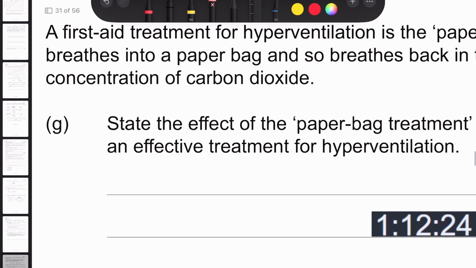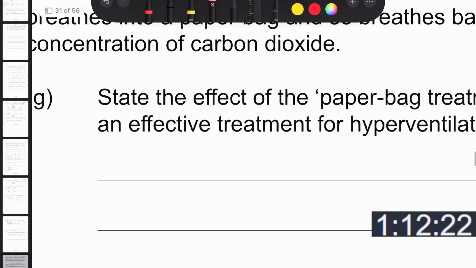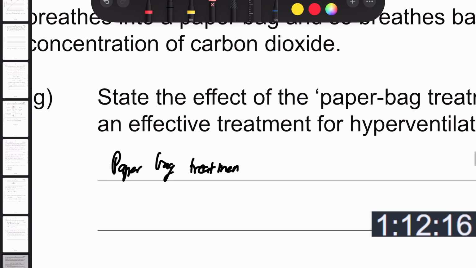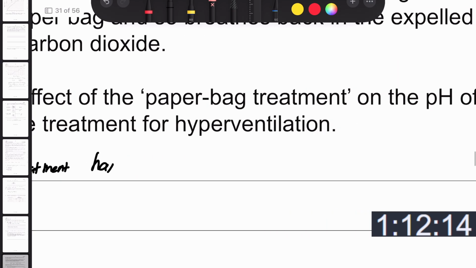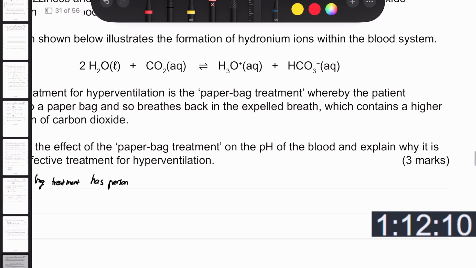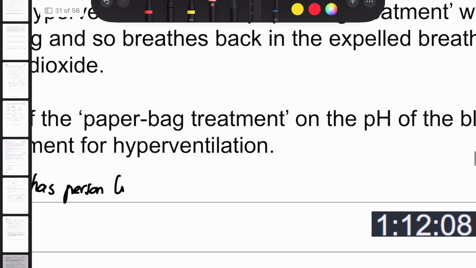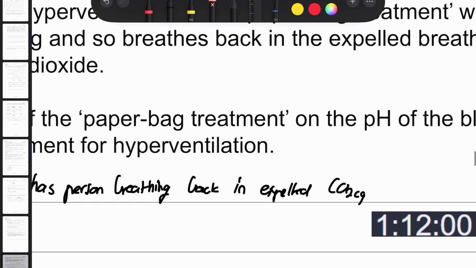Okay, so paper bag treatment. This person is breathing back in the expelled CO2 gas.